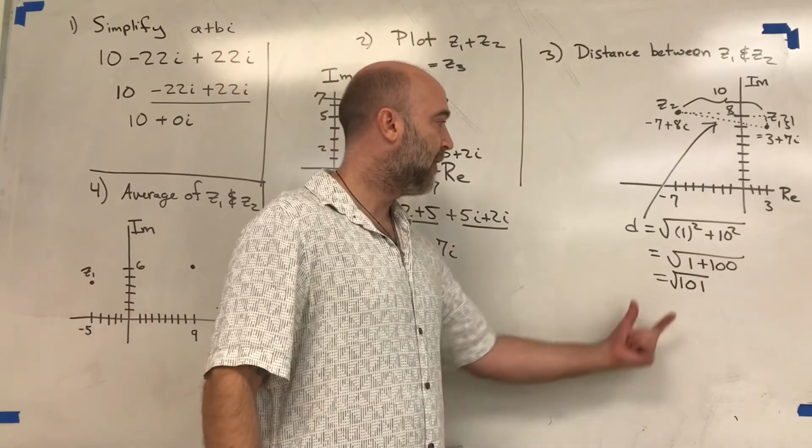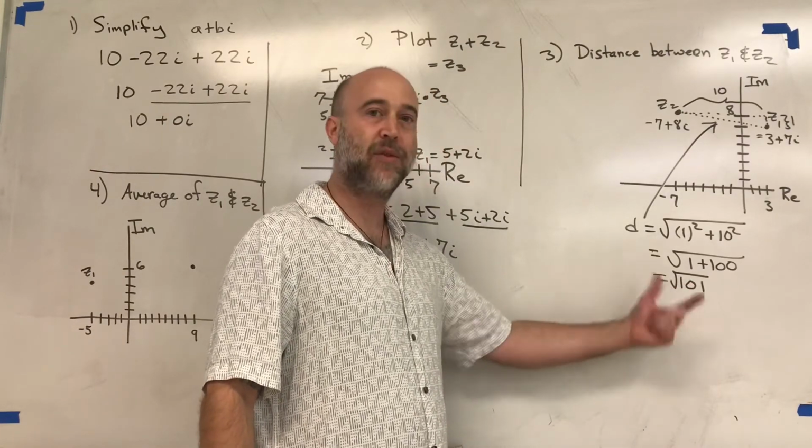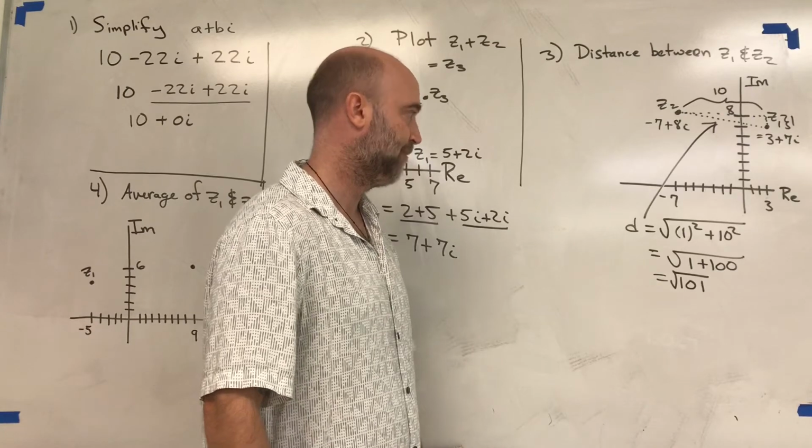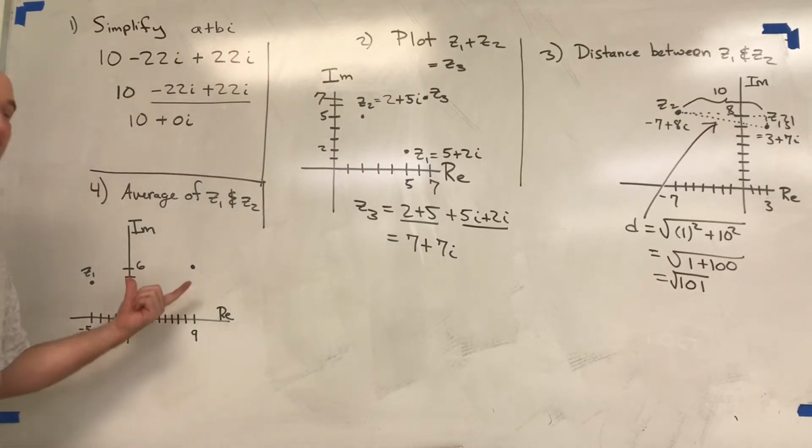And if it wanted a decimal, then we would type that in our calculator and round to whatever place they wanted it. Our last one that we're doing here is the average idea.